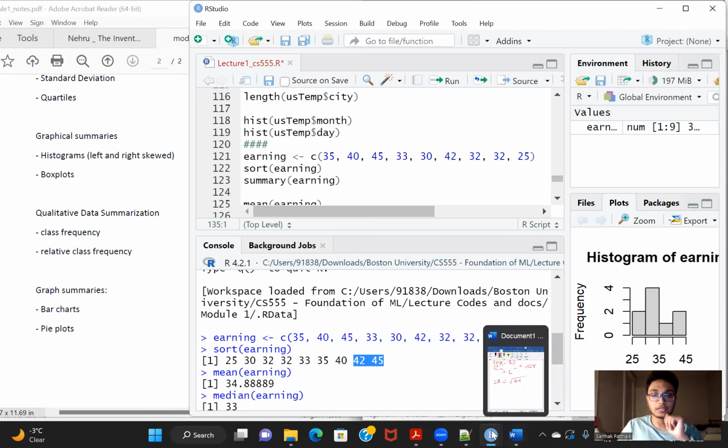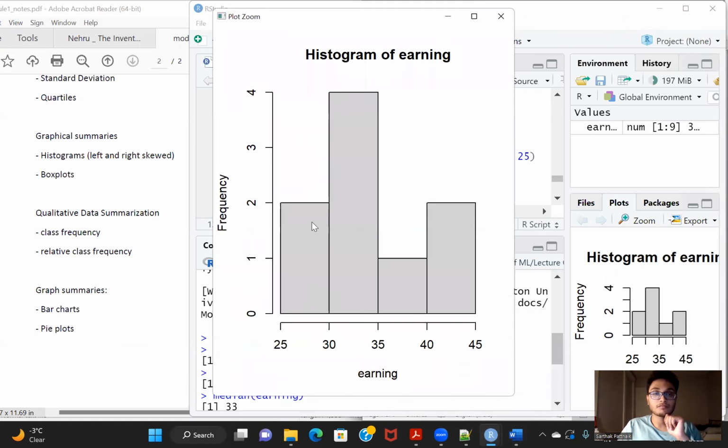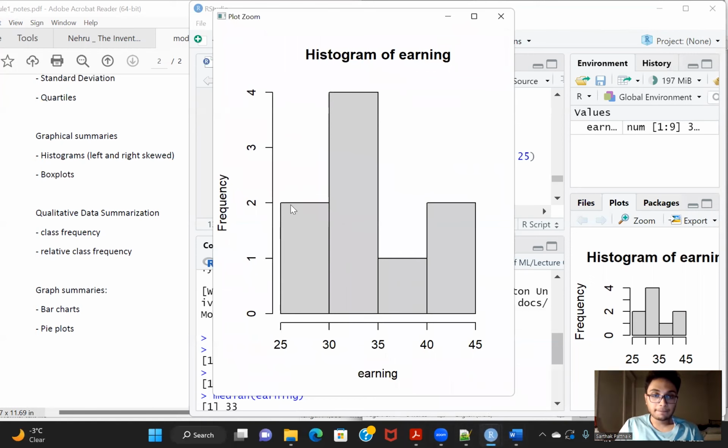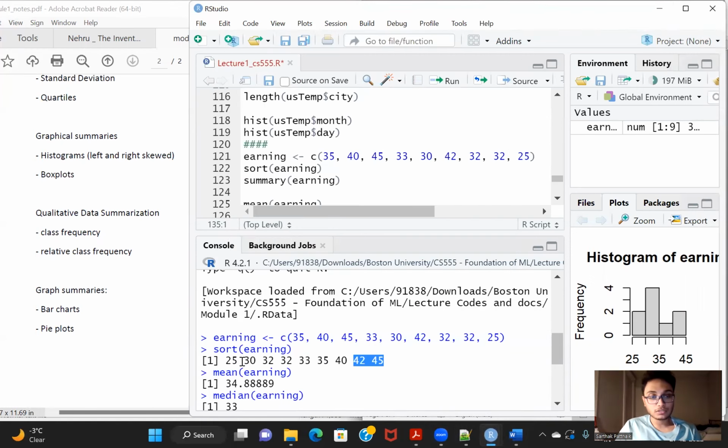Now, also what you will see, we'll look at something called the boundary condition, because if you look at the bins, the first bin is from 25 to 30. Now it is showing two observations here. So it is including both the extremities. So it's taking 25 and it is considering 30 as well.